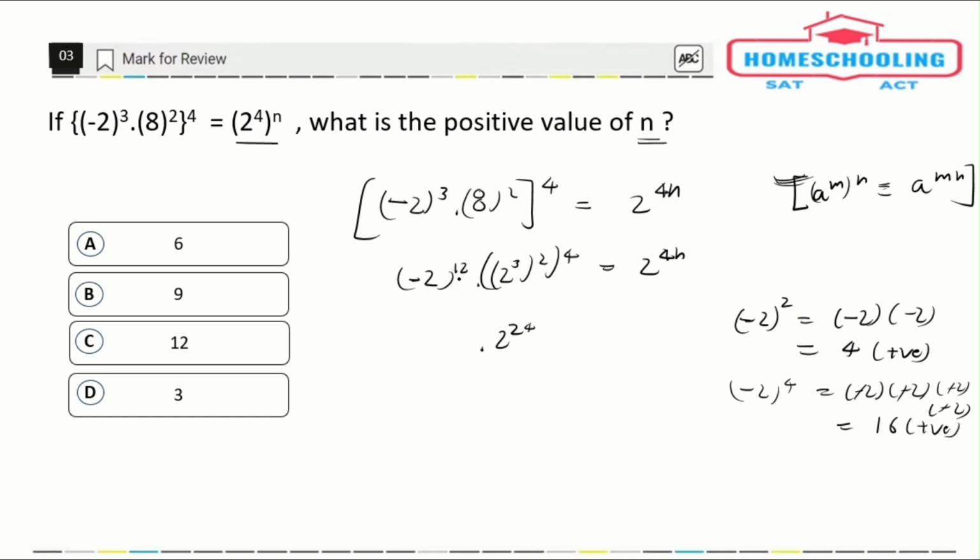So whenever the power is a multiple of 2, like 2, 4, 6, 8, 10, 12, then the number would always be positive.